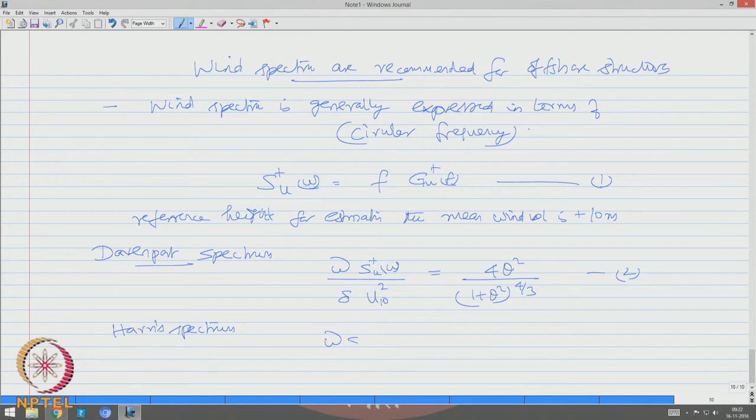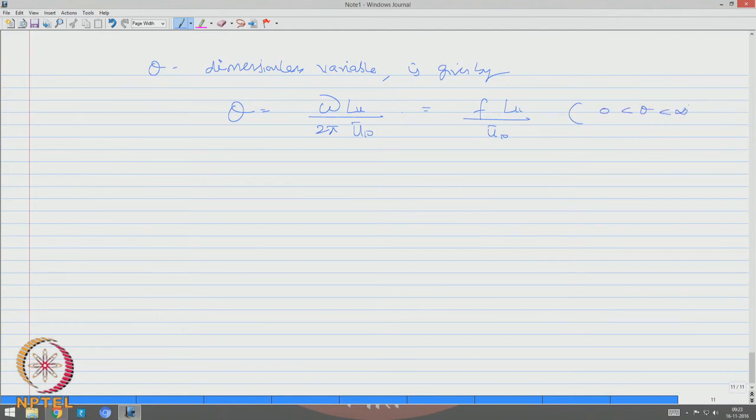It says omega S u omega by del U 10 square is 4 theta by 2 plus theta square to the power 5 by 6, where theta is a dimensionless variable given by theta equal to omega Lu by 2 pi u bar 10, which otherwise 2 pi by omega is actually f, which is Lu by u bar 10, where 0 less than theta less than infinity.